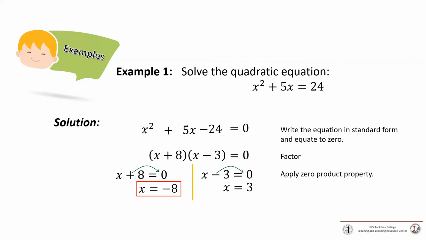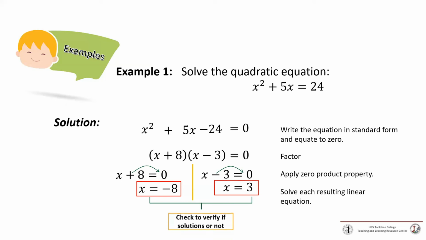Then you have x is equal to 3. These are our possible solutions for the quadratic equation. Then solve each resulting linear equation, which is what we are doing here. The resulting linear equations in our example are x plus 8 and x minus 3.